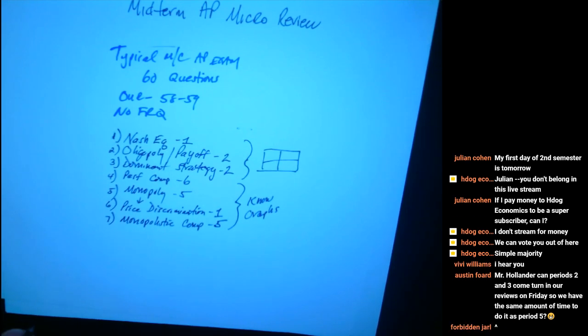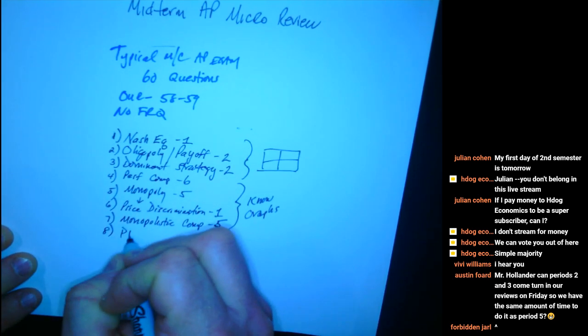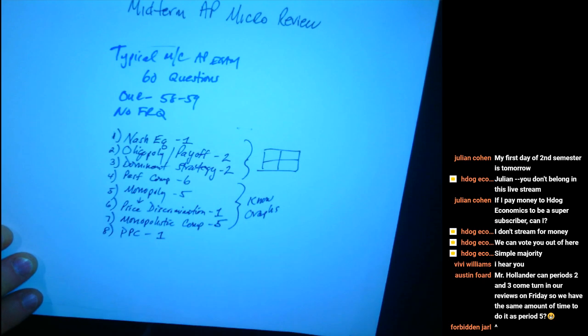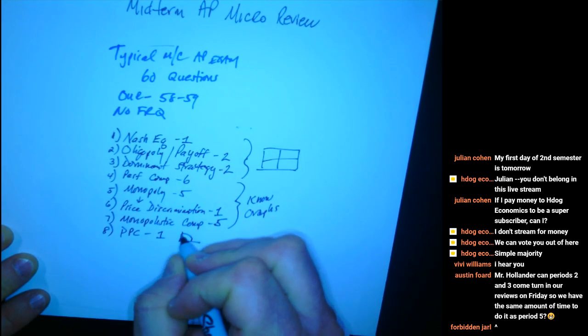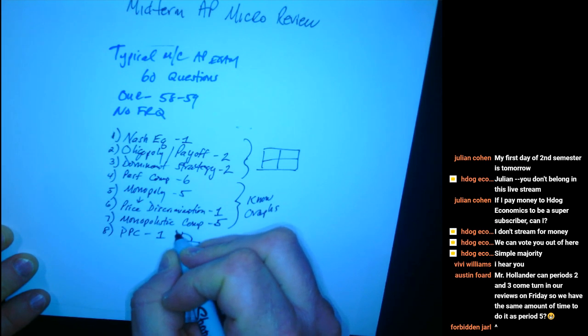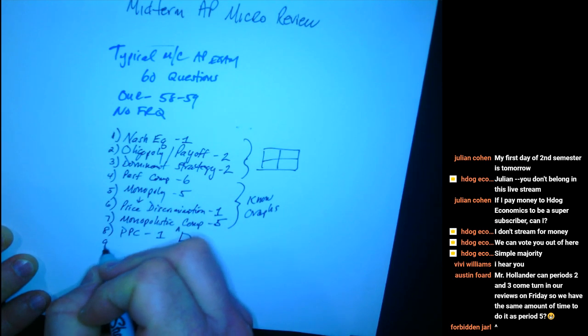Let's go ahead with the next part. Number 8, PPC. There's a question on the PPC, so don't forget the old PPC. We've got good A and good B. Okay, there's PPC right there.